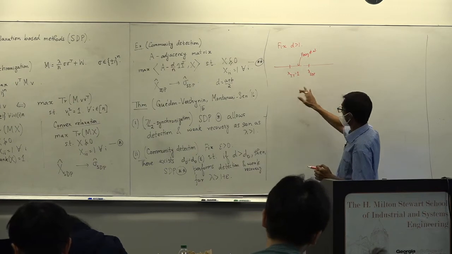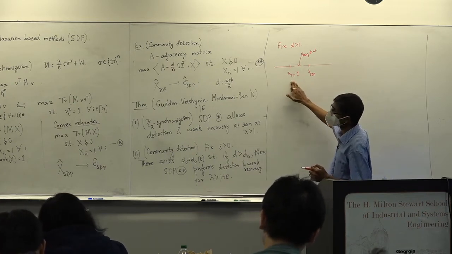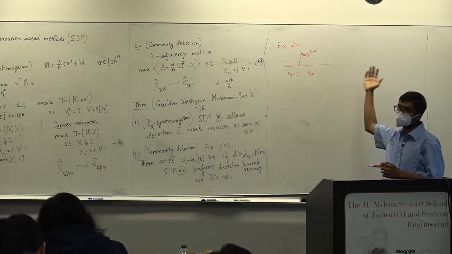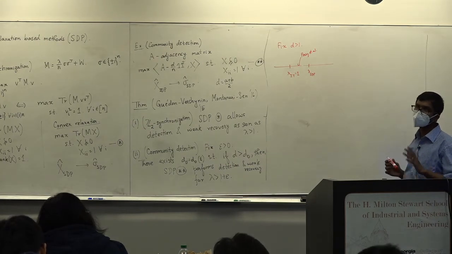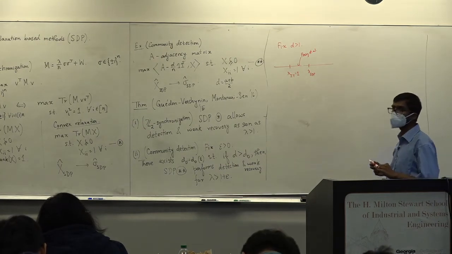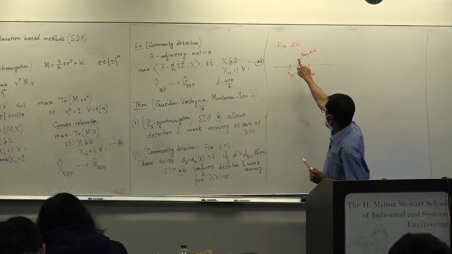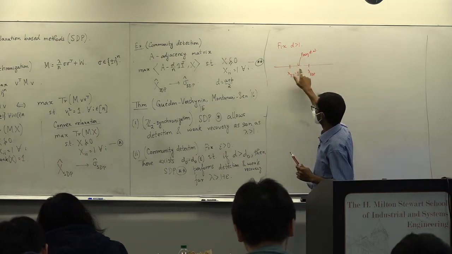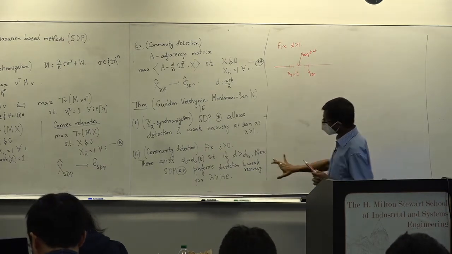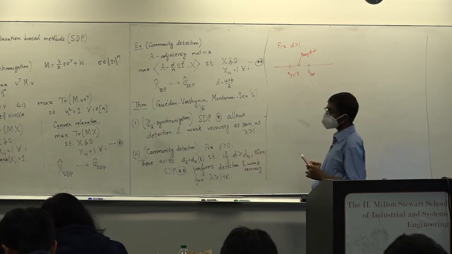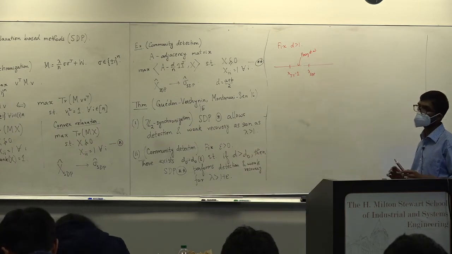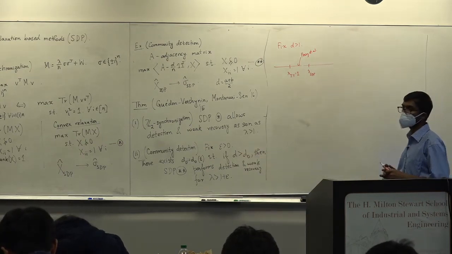And if you do simulations, you see this goes to 1 fairly quickly. You don't need your degree to be super large. Degree 5 or 10 is already good enough. But at a fixed value of d, there is a gap here. So one needs to state this in this form, and you cannot really improve it, even if you work hard.